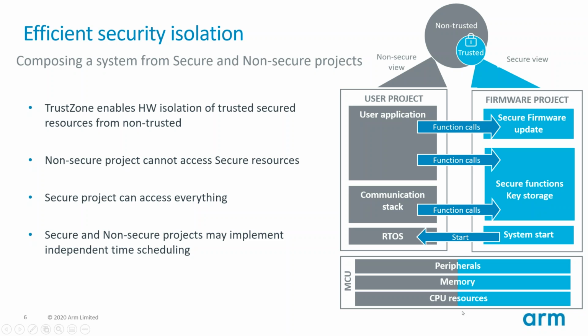The CPU registers are split into secure and non-secure. It's an optional division; it doesn't need to be done, but if we want security on the device, then we need to split it. The device memory can be allocated as secure or non-secure, and so can all the peripherals. So this is the TrustZone technology that enables hardware isolation on the device.